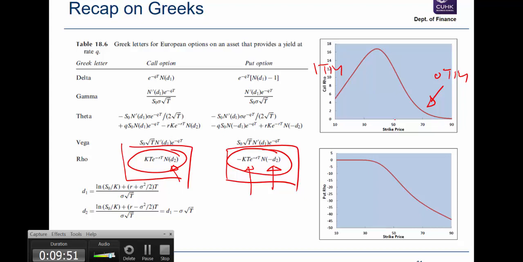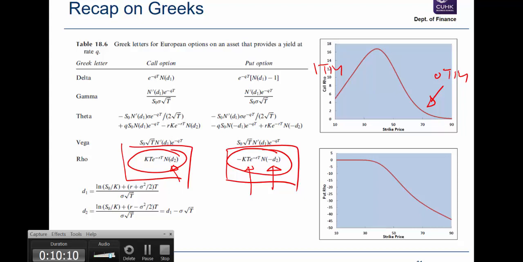When they plotted this diagram, I don't know what assumptions they made on interest rate and dividends, so obviously that has some effect on the forward price.